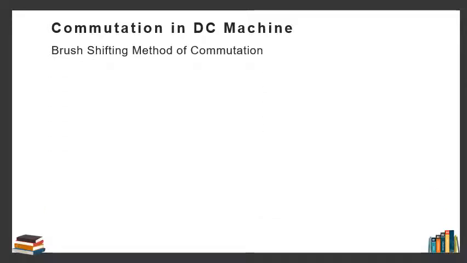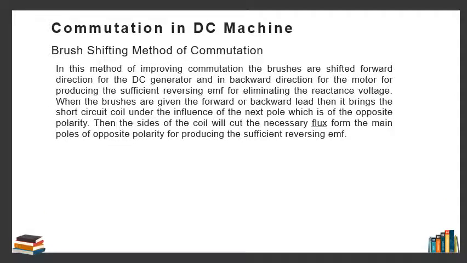Brush shifting method of commutation. In this method of improving commutation, the brushes are shifted in the forward direction for the DC generator and in the backward direction for the motor, for producing a sufficient reversing EMF for eliminating the reactance voltage.